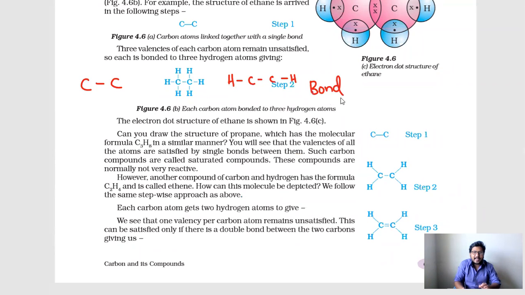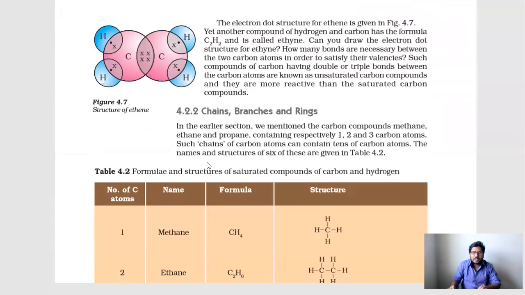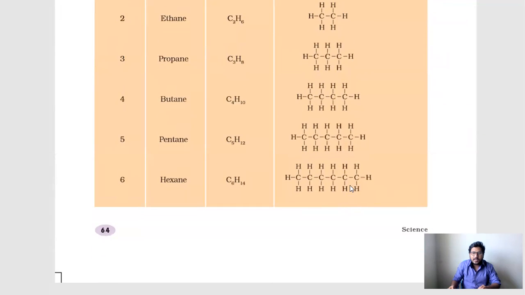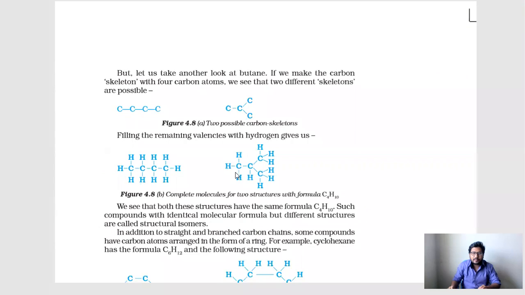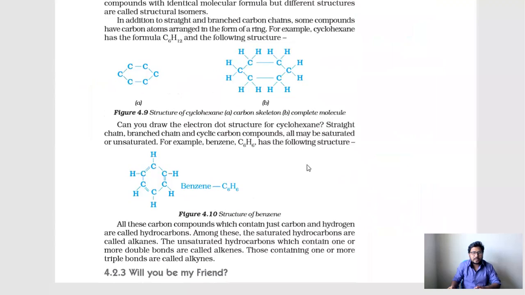You have to call that dash a bond. Here you see C bond C. Here H bond C, C bond H, like that. Here we have one line, single bond. Here we have two lines, double bond. Sometimes you can find three. So all these diagrams I'll explain to you.